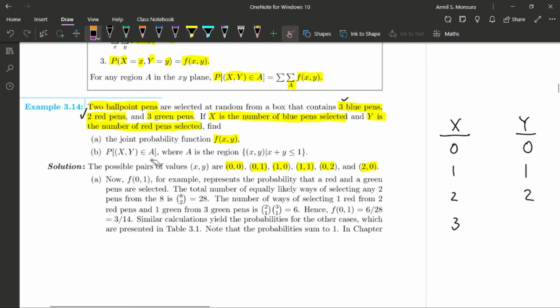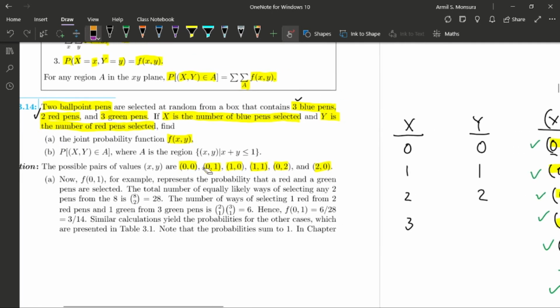Now, for the second question, we are asked to find the probability that x and y belong to a region A, where A is the region containing x and y that is contained within x plus y is less than or equal to 1.